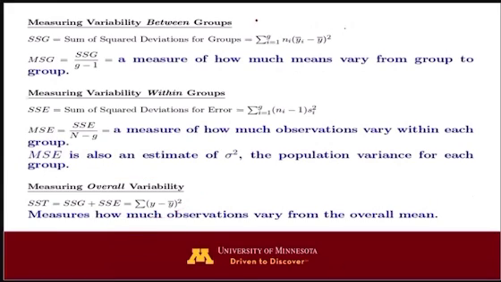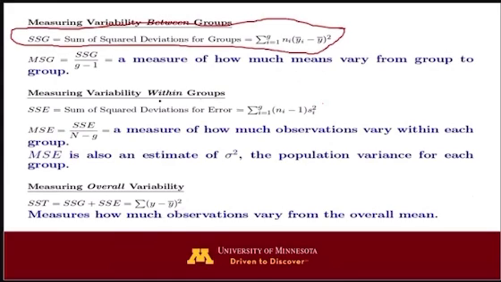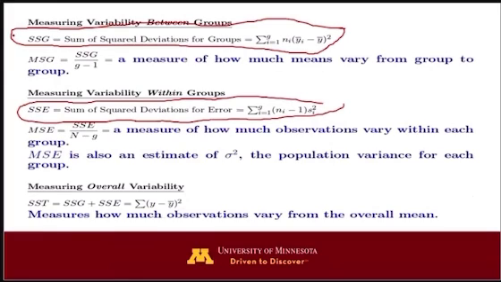Using this formula, you get your SSG. Using this formula I showed you before, you get your SSE. And when you add SSG to SSE, that gives you the SS total. So using those formulas, you get that.